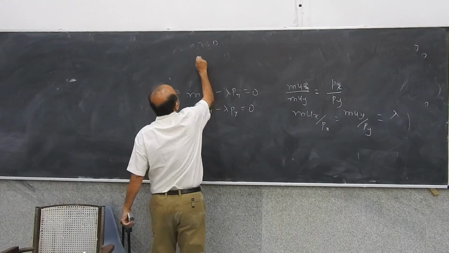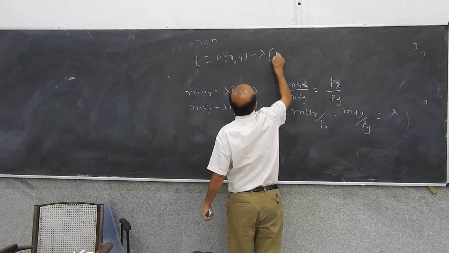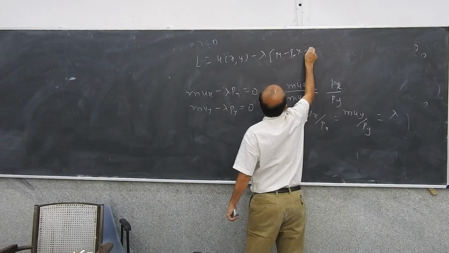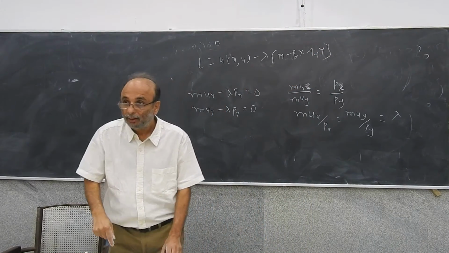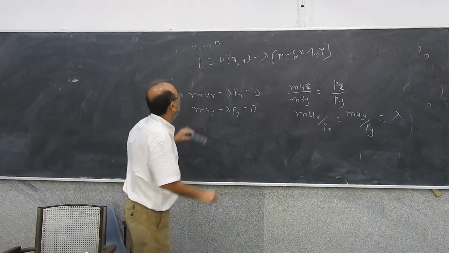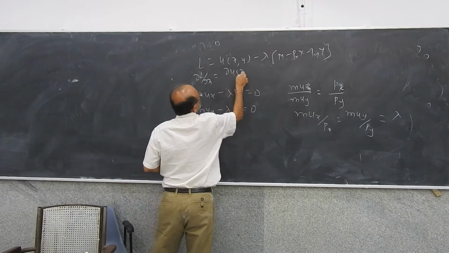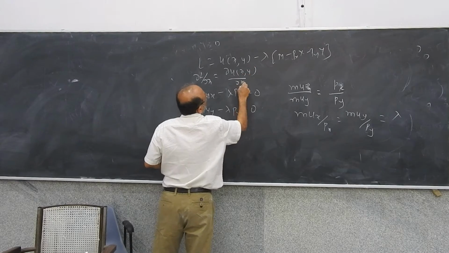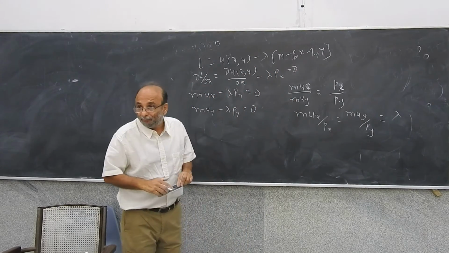But now if you write your Lagrangian as U minus lambda times the budget constraint, with minus PY y, and differentiate L with respect to x, you have dL by dx is dU by dx minus lambda PX, set equal to 0.